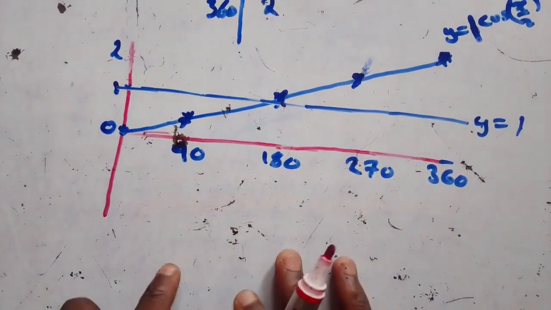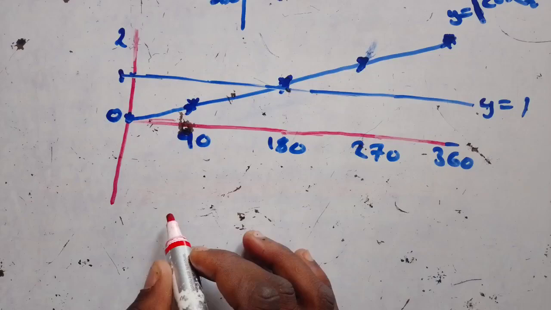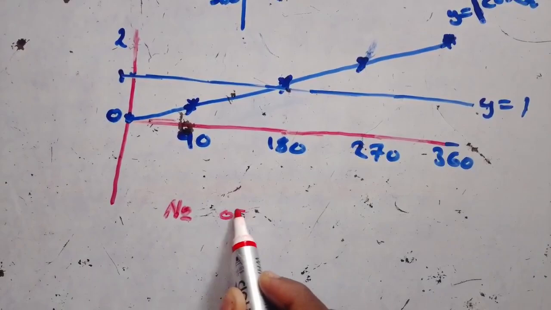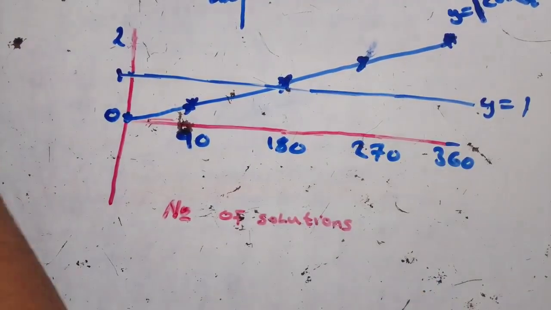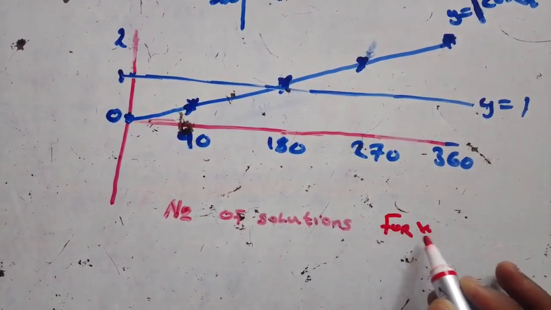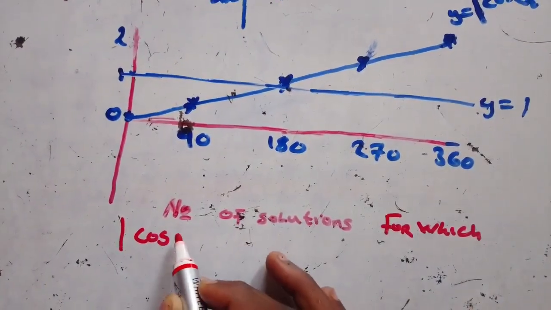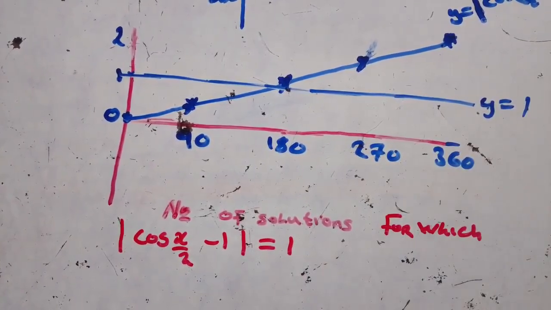So I've been told to state the number of solutions for which the modulus of cos x over 2 minus 1 is equal to 1.